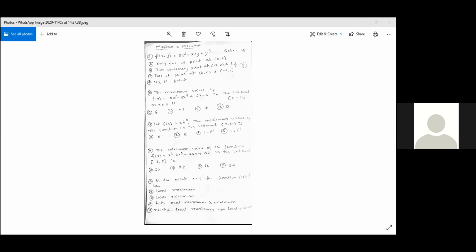Try this problem. Once you get the answer, let me know.